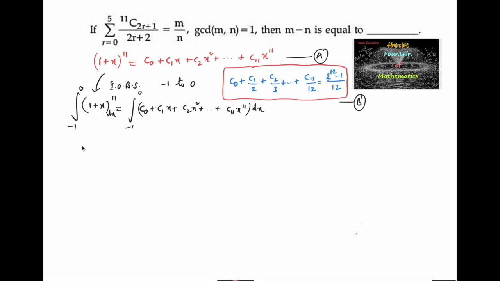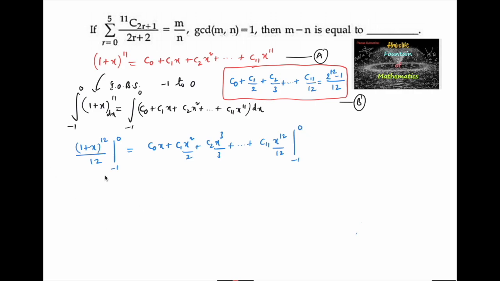So we get (1 plus x) whole to the power 12 divided by 12 over the limits minus 1 to 0, which is equal to C0 x plus C1 x square by 2 plus C2 x to the power of 3 divided by 3, and so on, C11 x to the power 12 divided by 12 over the limits minus 1 to 0.